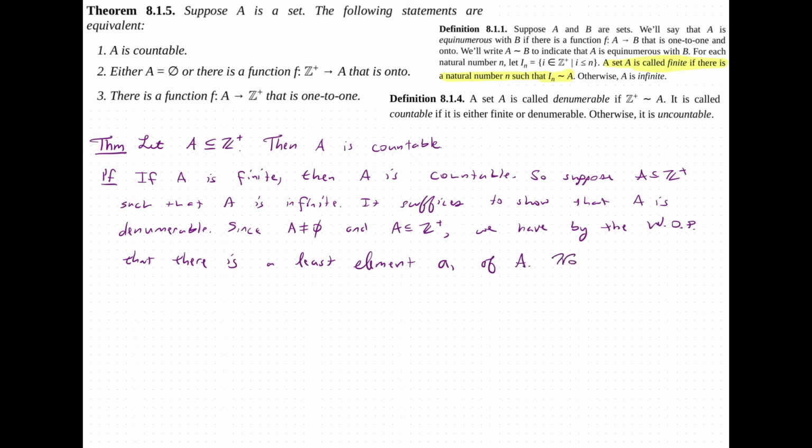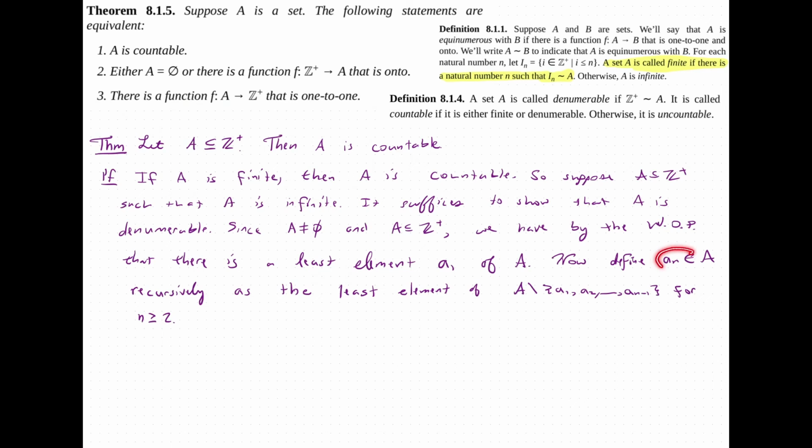Now define a sub n in A recursively as the least element of A minus {a1, a2, all the way through a sub n minus 1}, for n greater than or equal to 2. So what does this mean?